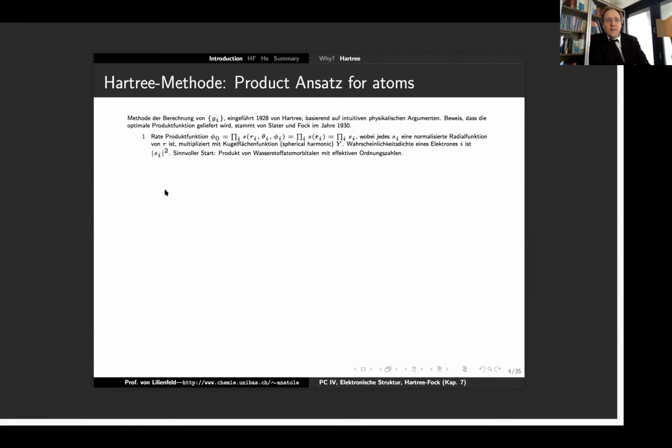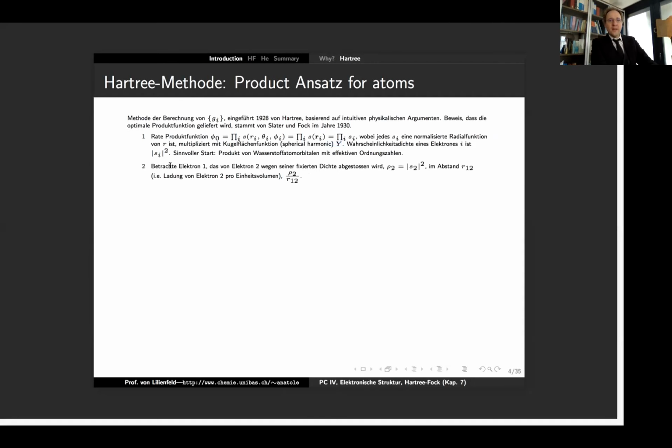So you can guess a product function in the beginning, which is this product of these S functions, where this is some normalized radial function, and then you multiply it with the spherical harmonic to recover what looks like the atomic orbitals.